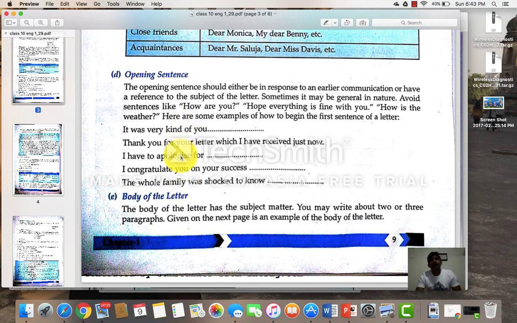After these beginnings, the first paragraph of the body of the letter must mention in detail the purpose for which you are writing the letter.